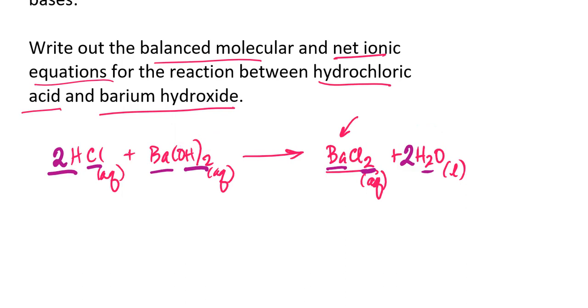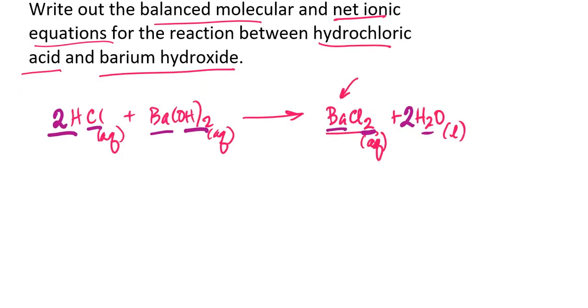All right, now that we have the balanced molecular equation, now I can start thinking about piecing together the net ionic equation. And so if you recall, essentially you're going to take all of the species that are involved in the reaction that are in aqueous solution, and you're going to break them apart to their component ions. And so hydrochloric acid would be the hydrogen ion and a chloride ion.